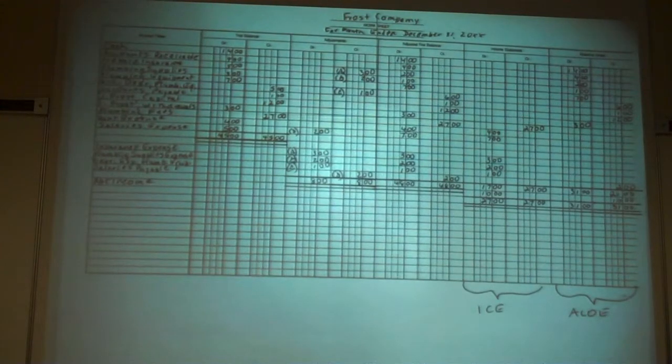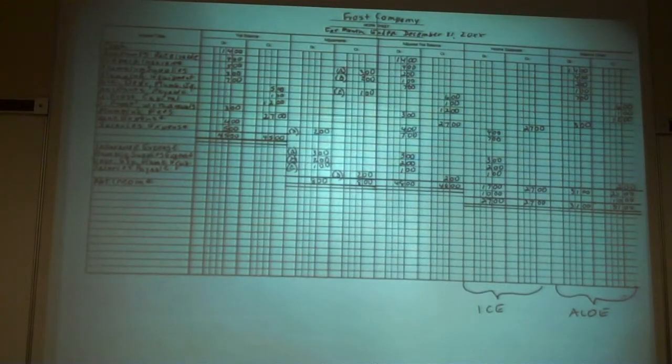It won't ever change, but the accumulated depreciation will go right underneath that account when we record it on the balance sheet. What kind of an account is accumulated depreciation? A contra asset account. It's going to do the opposite of what that asset account does.